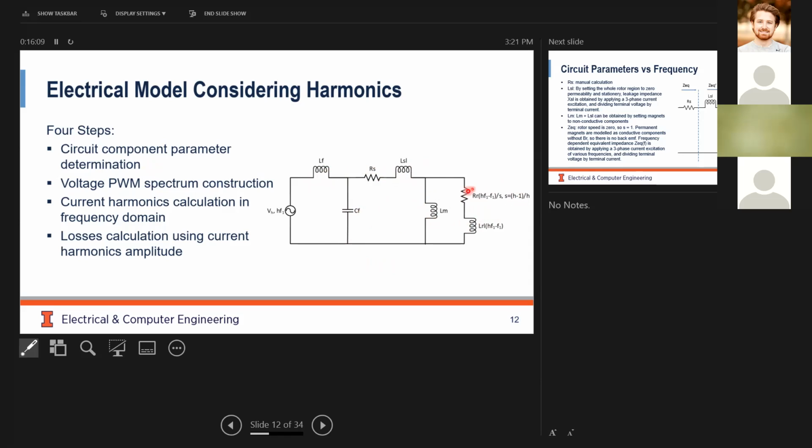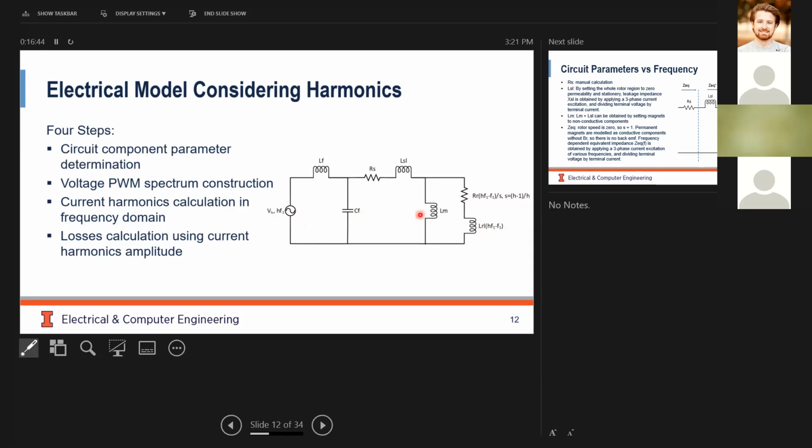But for the rotor branch we just added, this R and L are frequency dependent because of the eddy current skin effect in these components. And then we need to obtain the voltage PWM spectrum of this source, and then we can solve this circuit in the frequency domain.